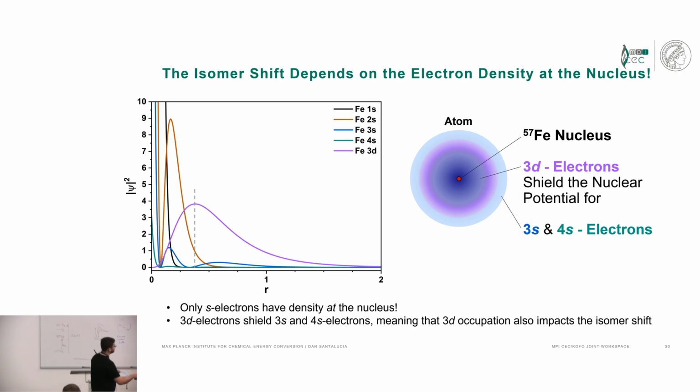That 3d occupation indirectly impacts the isomer shift. So this is the connection between how different oxidation states and spin states change the chemical environment felt by the nucleus, even though d orbitals have a node at the nucleus, at least in the non-relativistic limit.